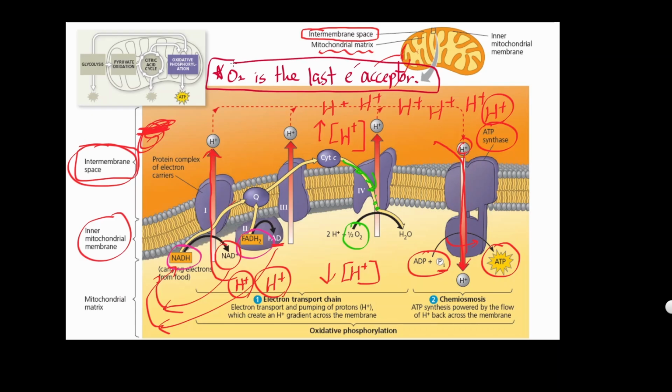So at the end, oxygen is reduced because it receives the electrons. In a way, all the electrons that were inside glucose actually went to oxygen. If there's no oxygen available, if there's nothing to pick up those electrons, the electrons will back up.